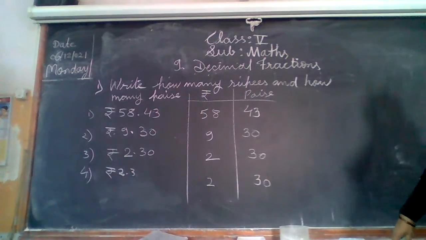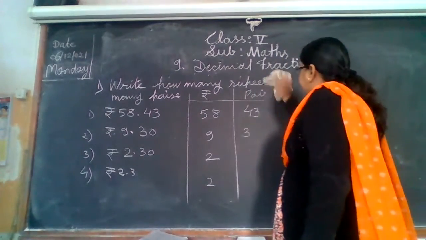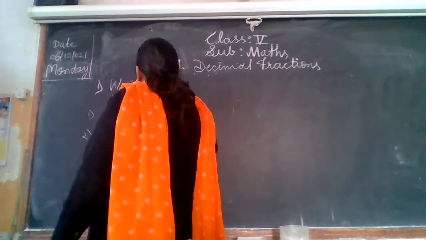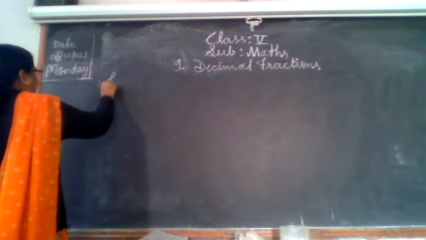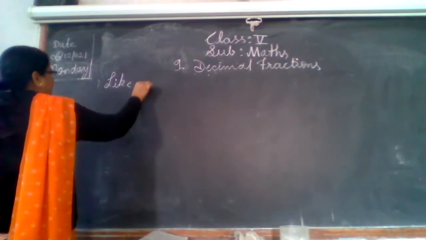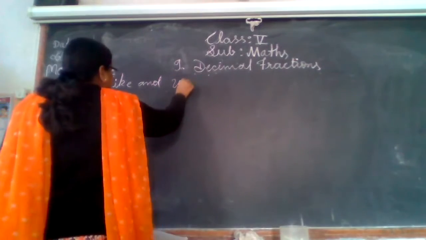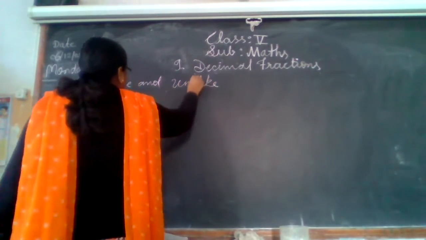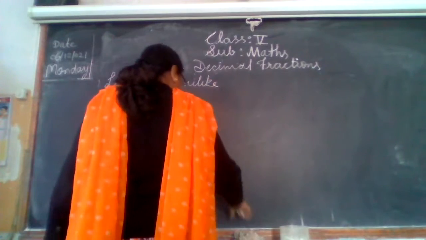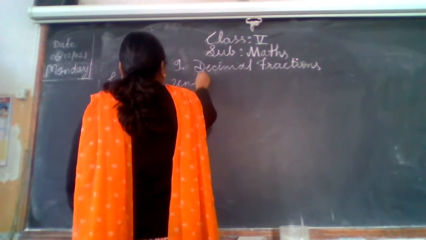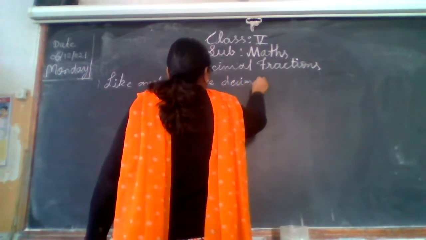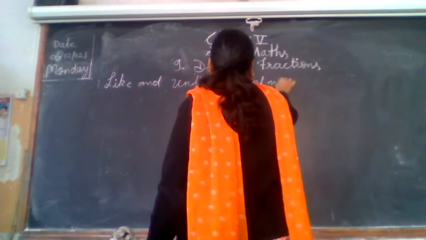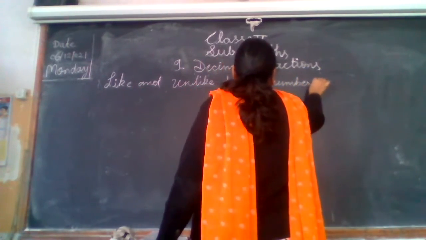So let's see, beta, first like and unlike decimal numbers.